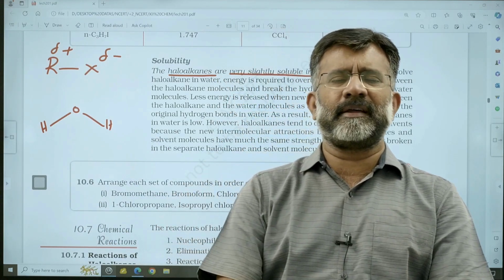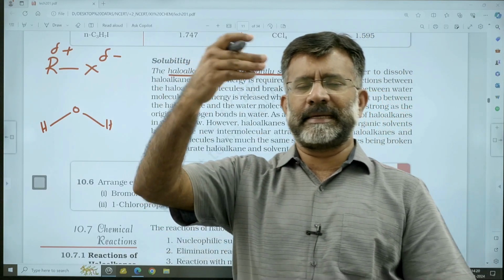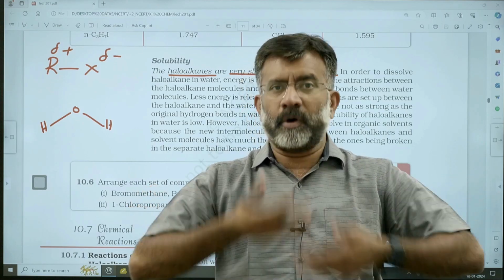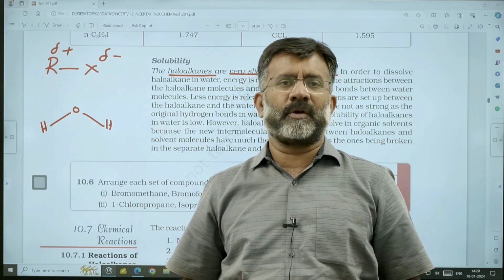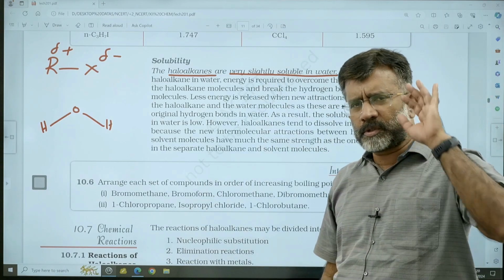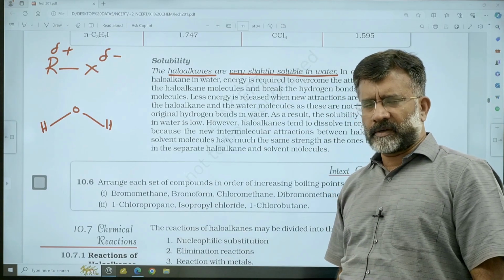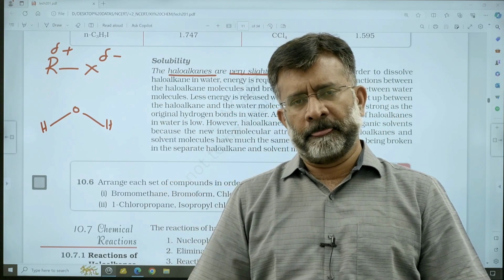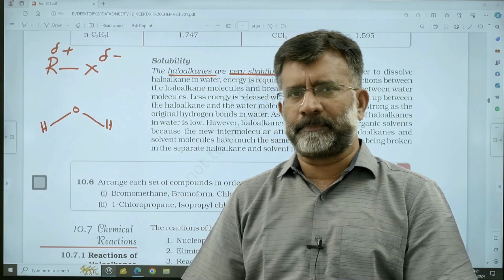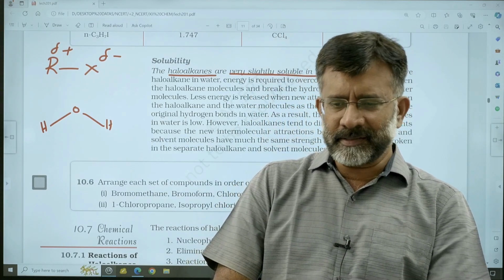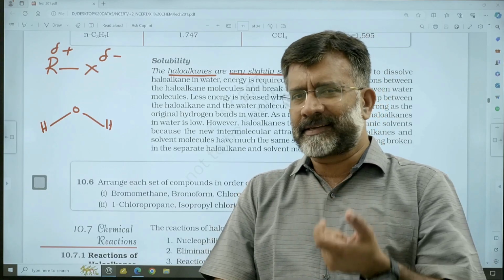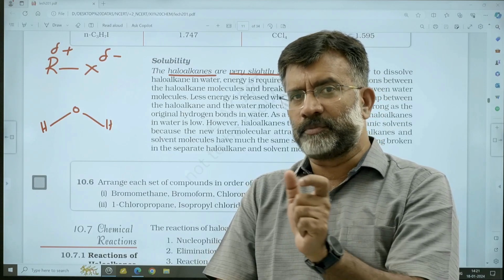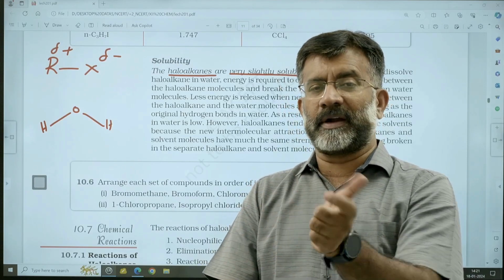Not sufficient energy is released when RX interacts with water to break the water-water interaction and form more RX-water interaction. That is not happening. So due to thermodynamic reasons, the interaction of RX with water is not that prominently supported, because the energy released is not sufficient to break the water-water interaction.